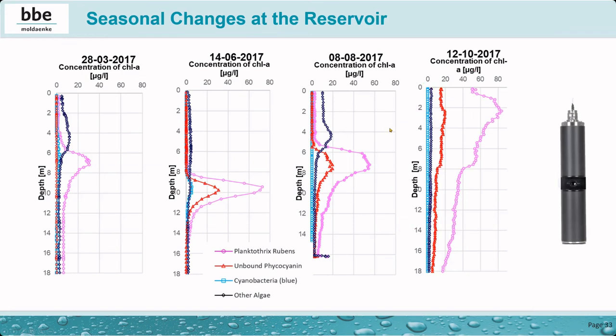Sometimes they say there's a dramatic increase of the bloom, but it is more or less a mixing of the water body, and the cyanobacteria which were already there go up to the surface.